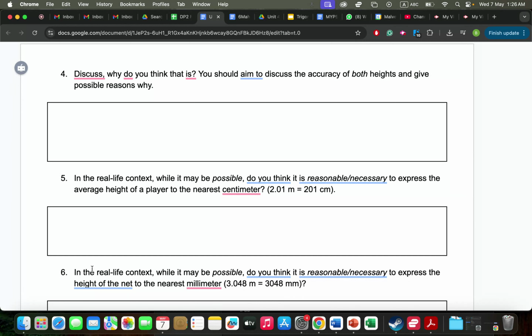So try to think from this given context, which is about the heights of the NBA players or a basketball player, and the height of the basketball net. So we want to think about why the net is given to 3 decimal places and why the height of the player is only given to 2 decimal places.